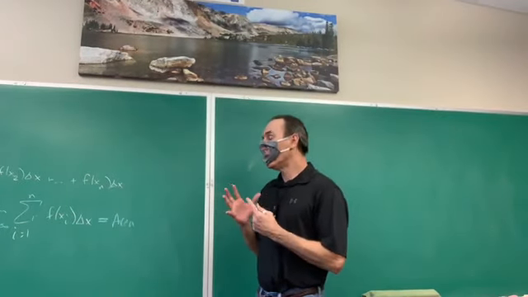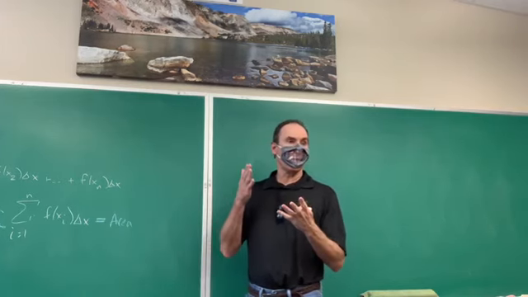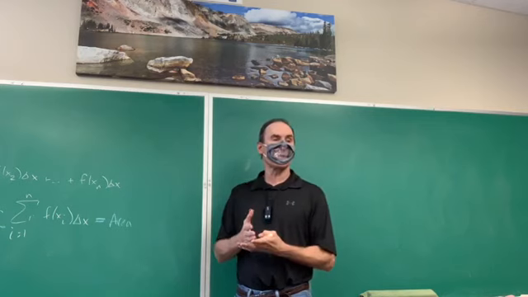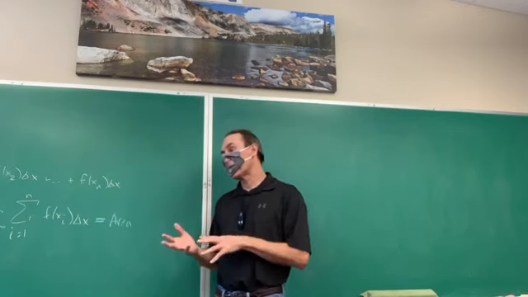Now, there are some times where we can tell, based on whether the function is going to be increasing or decreasing, and whether our Riemann sum uses left rectangles or right rectangles, whether it's going to be an overestimate or an underestimate.